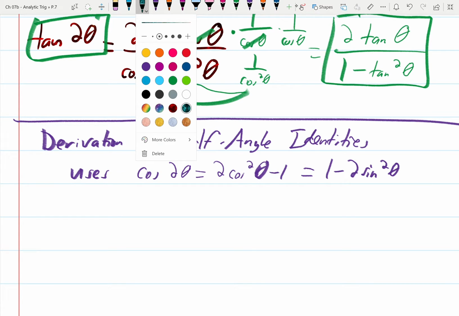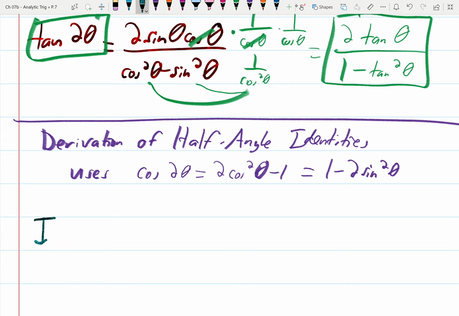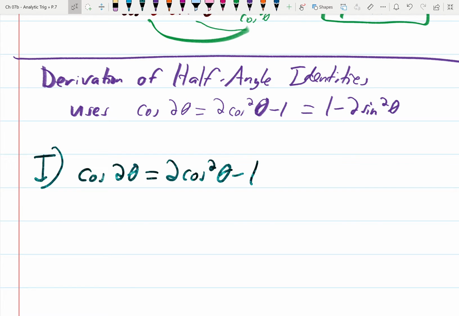So we're going to go with first Roman numeral, and we'll start with the first use of this: that the cosine of 2 theta is equal to 2 times the cosine squared of theta minus 1. So the value in this identity is that I now have a direct relationship between 2 theta and theta.